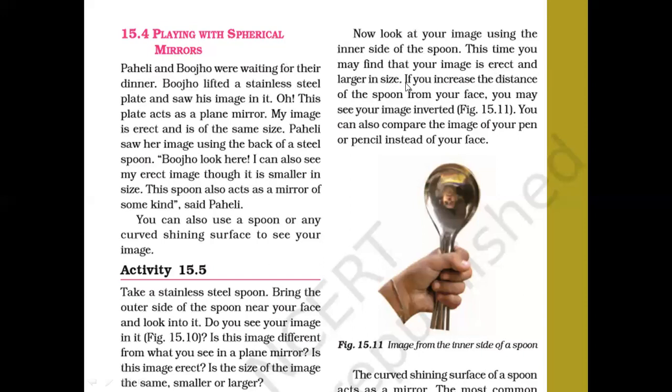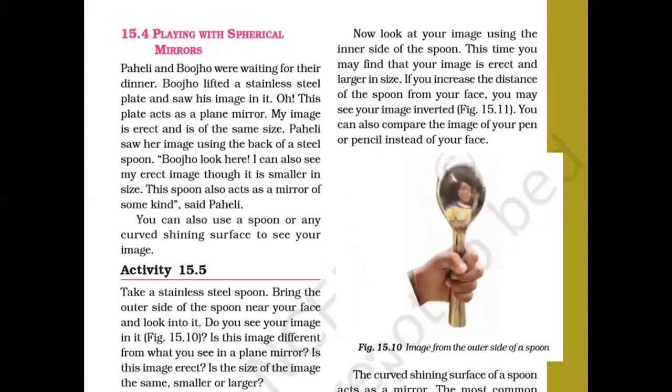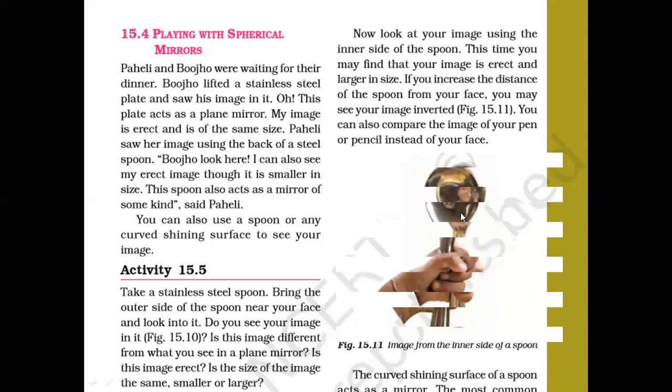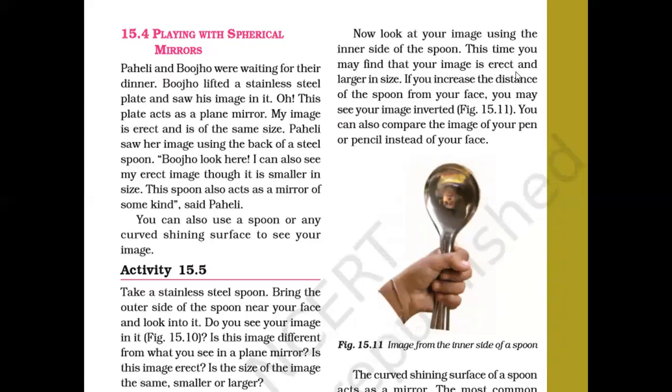First, we saw it was smaller. When we had kept the spoon this way, it was smaller on the outer side. On turning to the inner side, the image becomes larger.